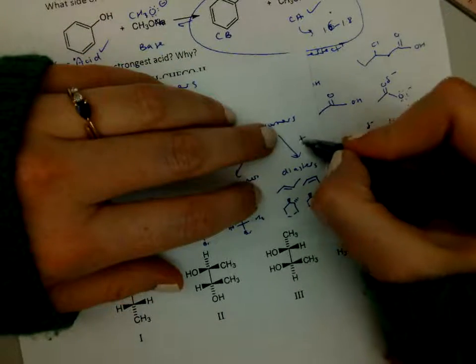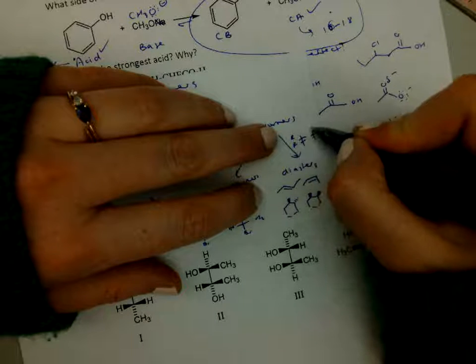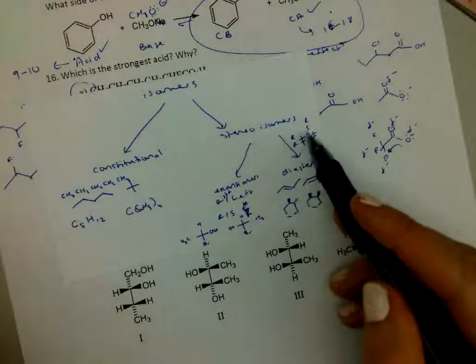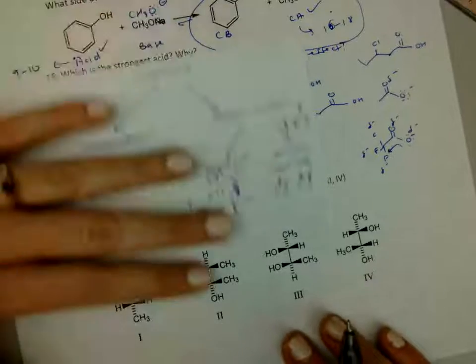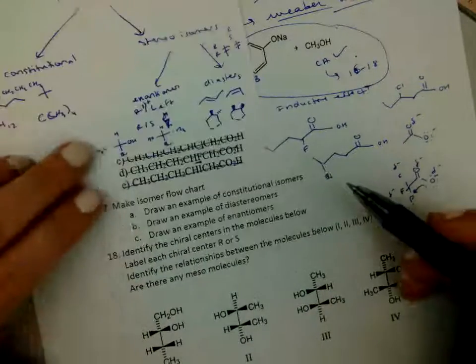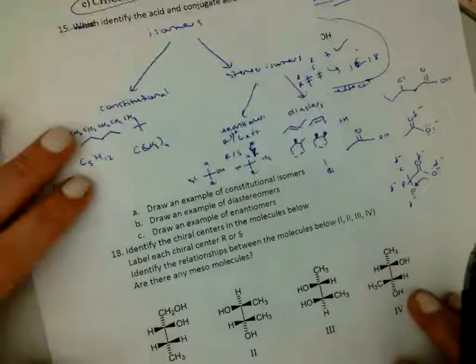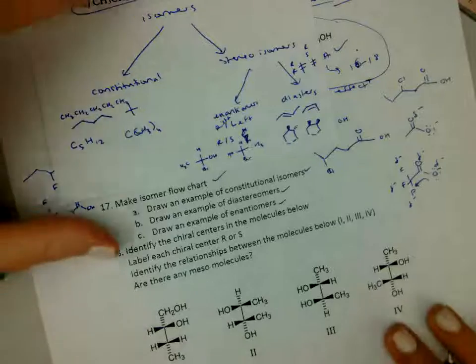And then they could also be if you have 2 stereocenters, and like say one's are R and the other is RS. So it's not a mirror image, but one chiral center has changed. Those are all diastereomers. So that's my isomer flow chart. And actually, I already did draw an example of all of these. So yay.